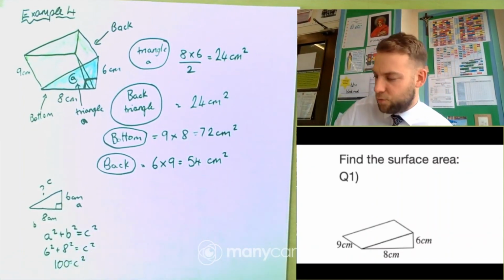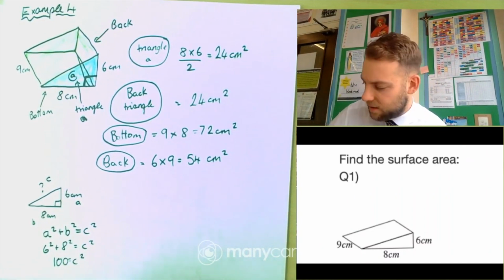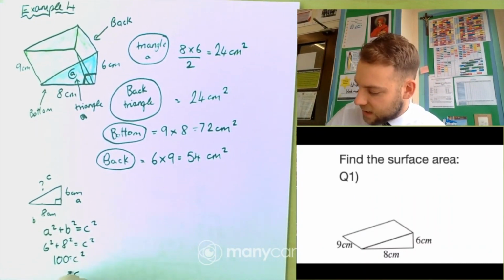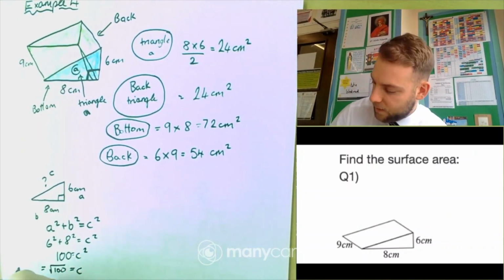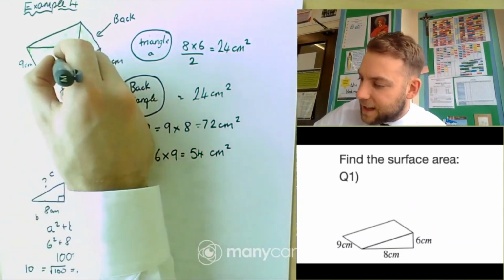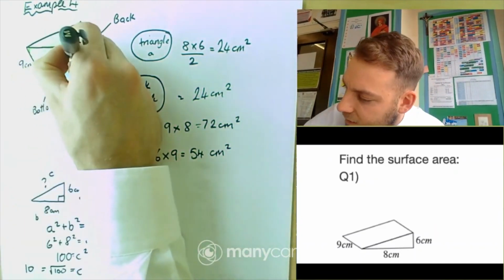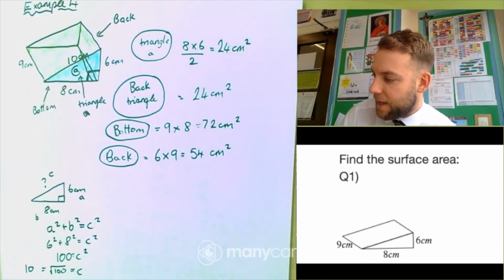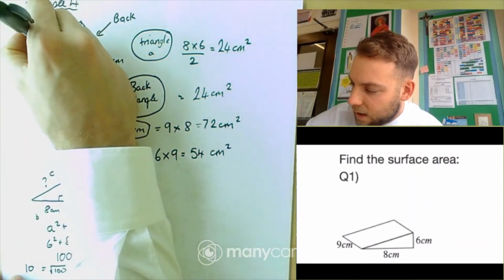Do not forget to square root at the end, okay? So 100 is equal to C squared, so C is equal to the square root of 100, which is equal to 10. 10 times 10 is 100. So I know that this length here, and it's probably worth writing this on now, is equal to 10 centimetres. And then we can do this last one.